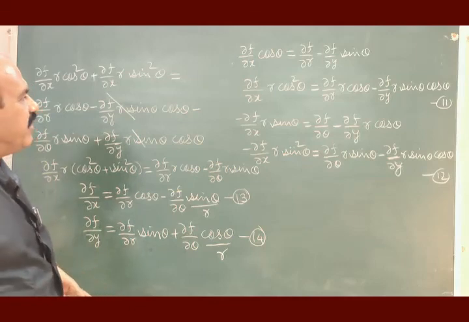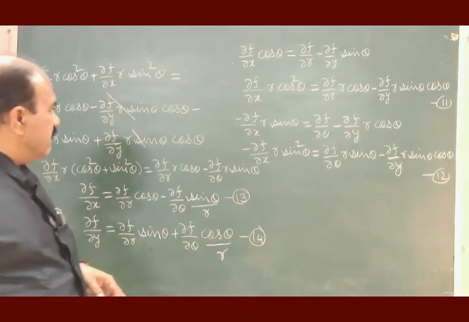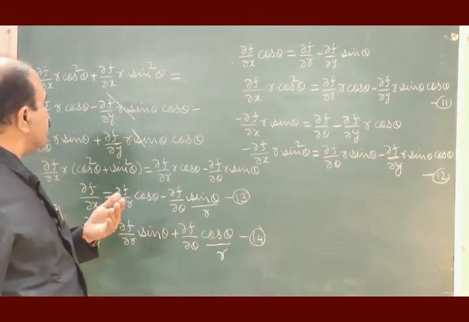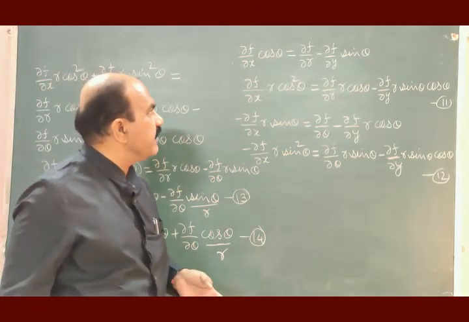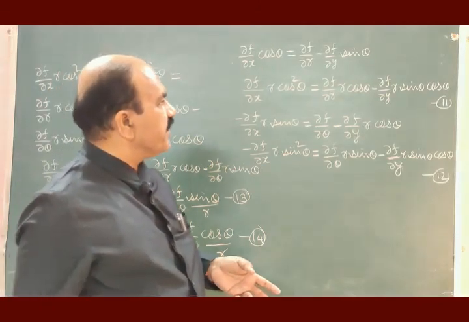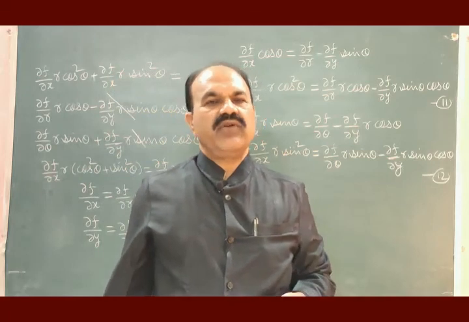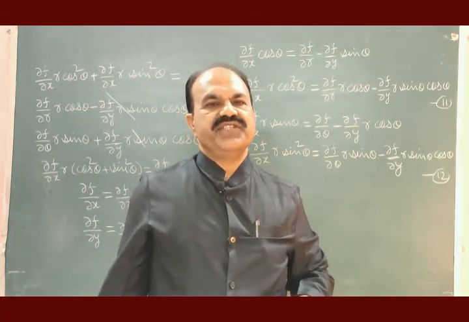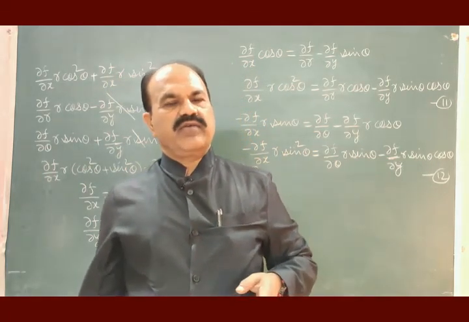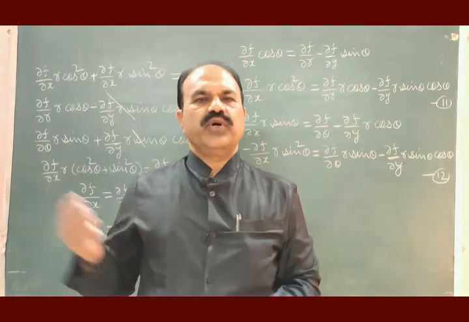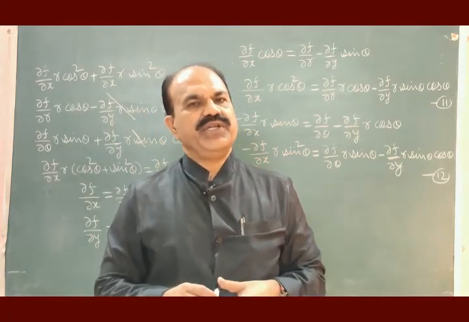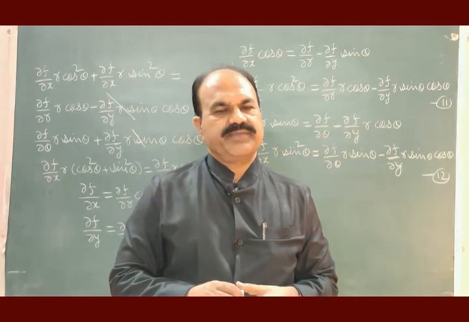So this is the way of converting the variables from rectangular or Cartesian coordinate systems to the polar coordinate system. Hope you got it. If you come across any ambiguity, you may please ask me. Thank you.